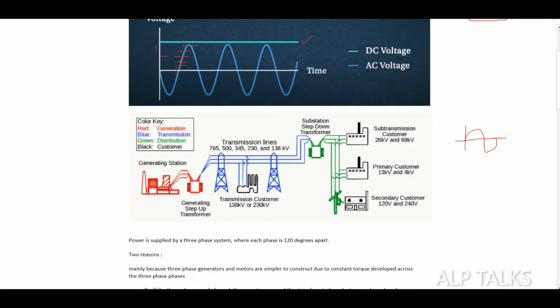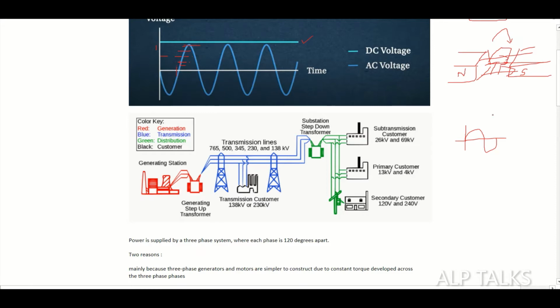Otherwise there are some problems. Say, for example, I am just trying to draw a brief DC motor setup. This is the north pole, this is the south pole. Here we have one conductor arrangement. Whenever this conductor is rotating, the EMF will be induced, right? Because magnetic fields are there.